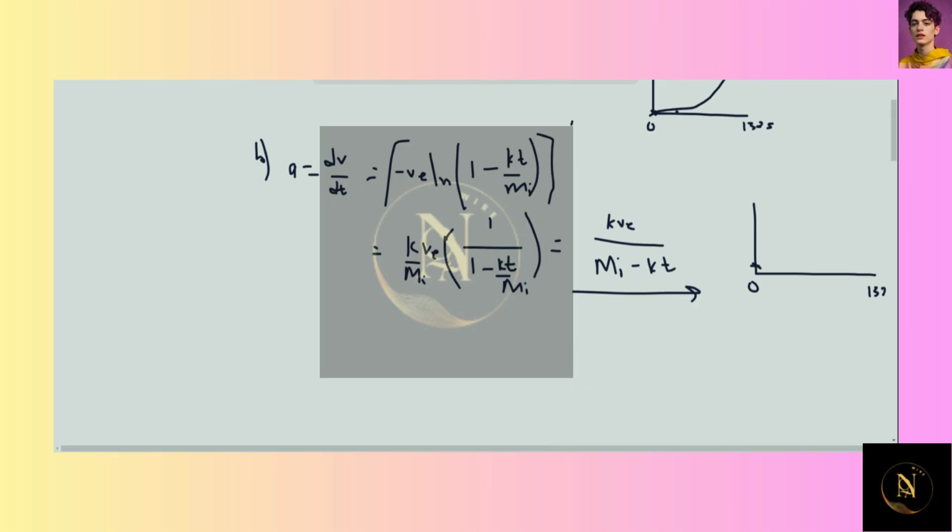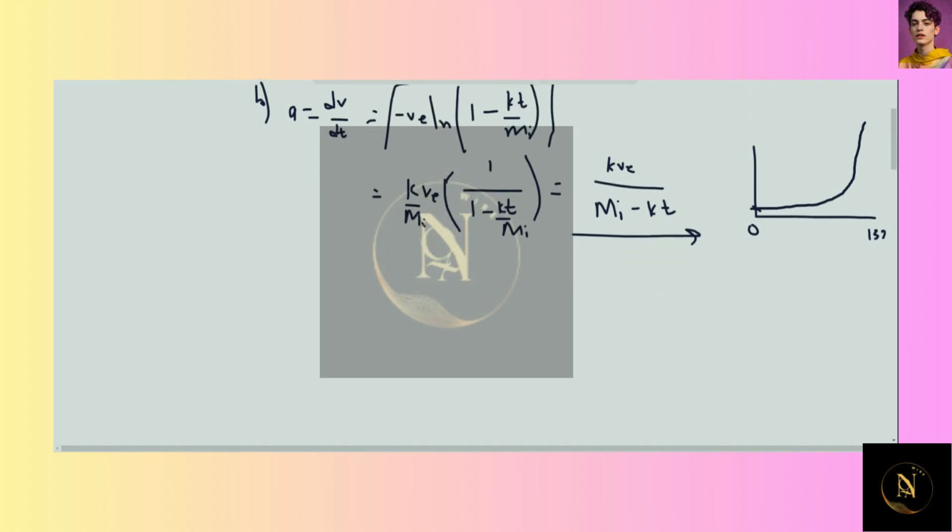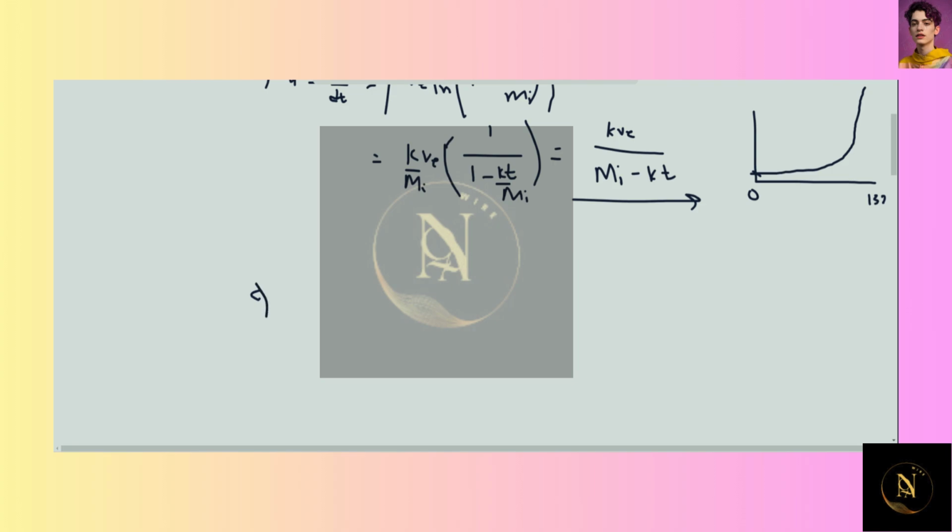But then as t increases, this denominator gets smaller, so this whole value goes up. So this can actually look like something like this, but it's not exactly a log, it's just going to increase.